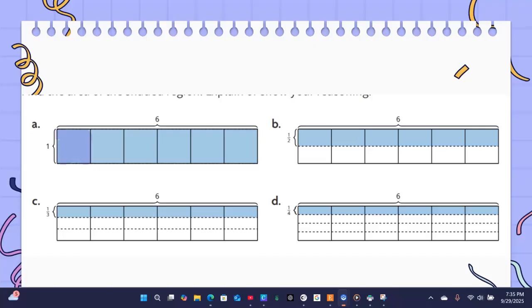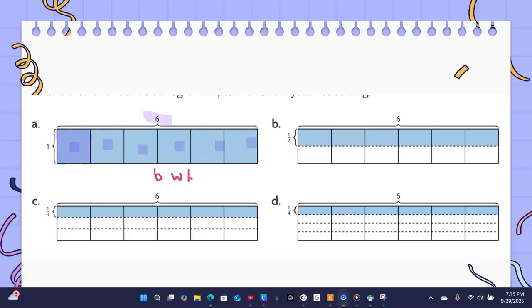Remember going back to what we did before with our snap cubes? This is 1. And as you can see at the top, it says the total number is 6. If we double check that, that's 1, 2, 3, 4, 5, 6. So our answer for this would be 6. You could also write 6 wholes.